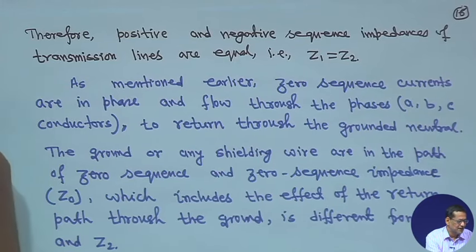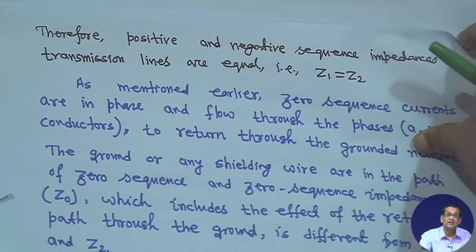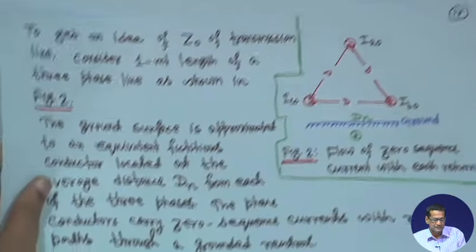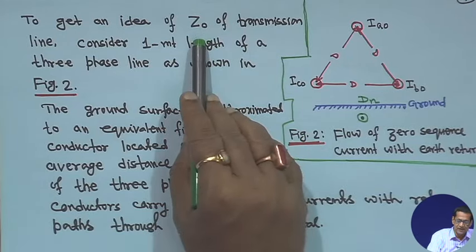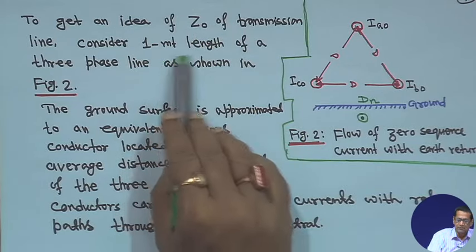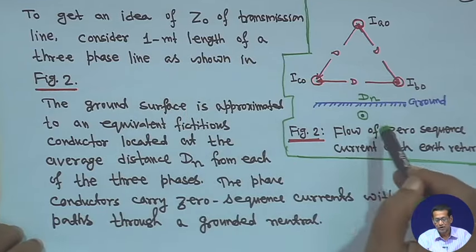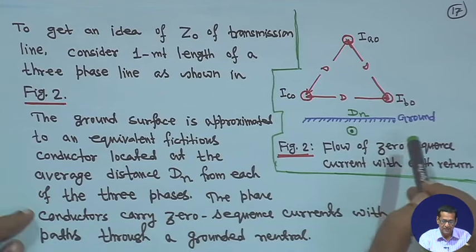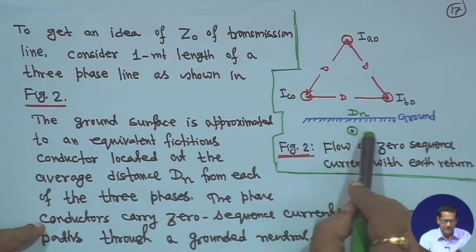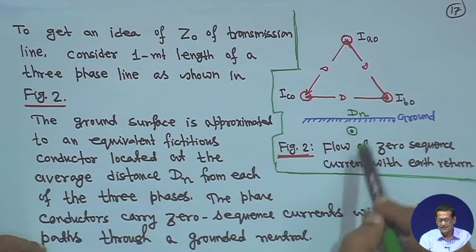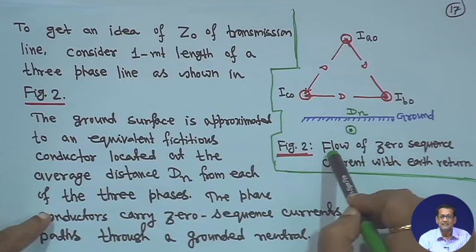To get an idea of your Z0, the zero sequence impedance of the transmission line, you will consider only 1 meter length of a 3 phase line as shown in figure 2. So, this ground surface is approximated as an equivalent fictitious conductor located at an average distance from each of the 3 phases.